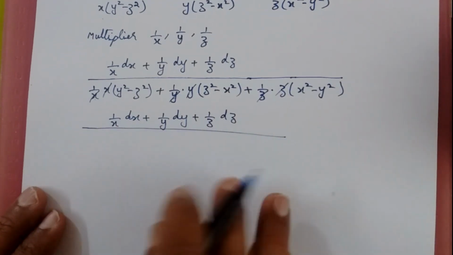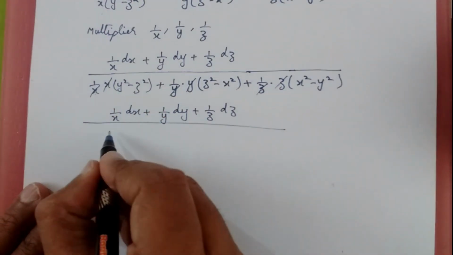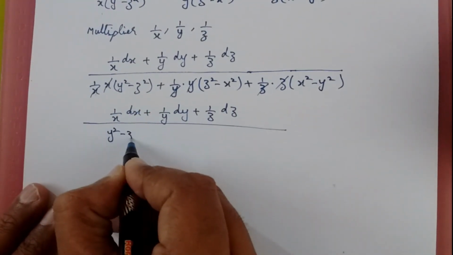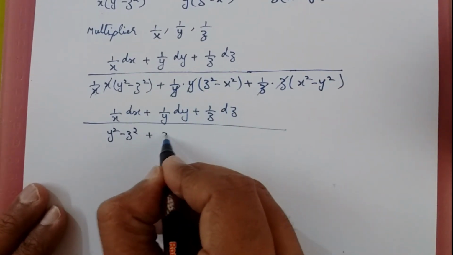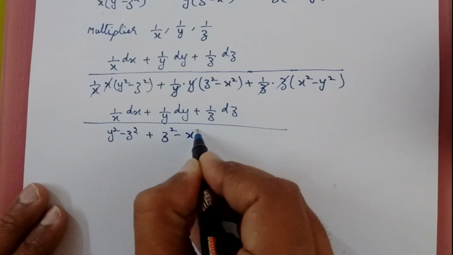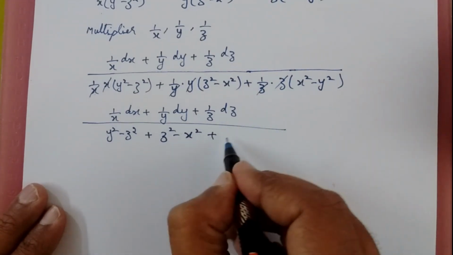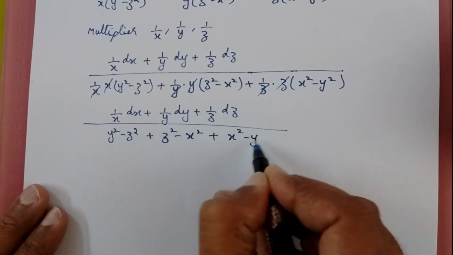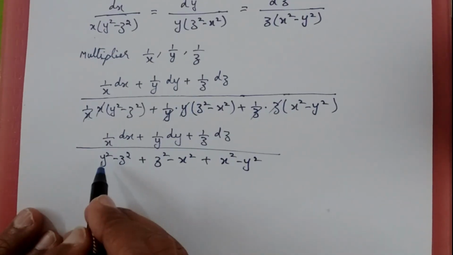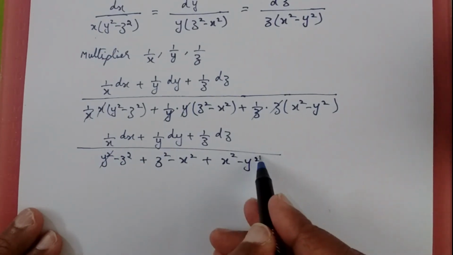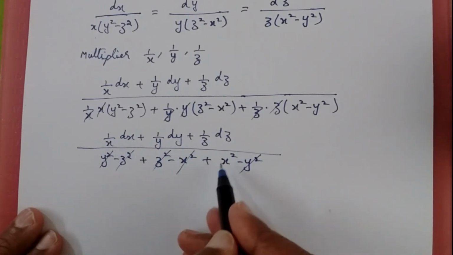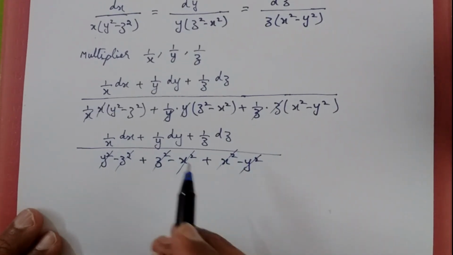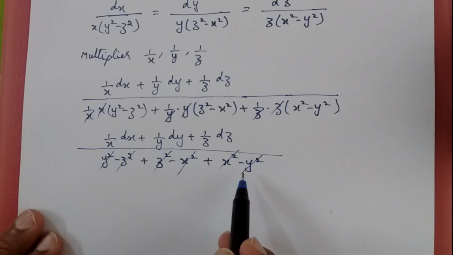It's whole divided by the denominator value: y square minus z square as the first term, the second term z square minus x square, and the next term x square minus y square. Try to see that plus y square minus y square, minus z square plus z square, minus x square plus x square will cancel out. So in the denominator it becomes 0.